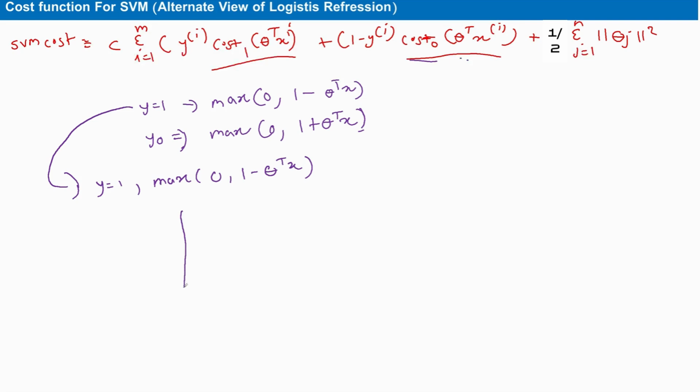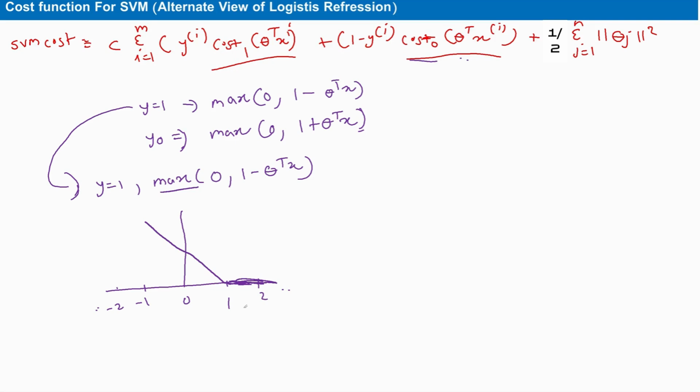Suppose this is the y axis and this is the x axis, with -1, 0, 1, 2 and so on, and -2 and so on. It will not go below that, it will look like this.